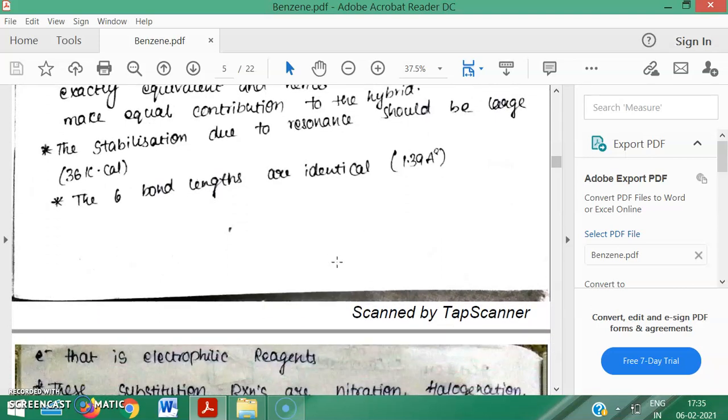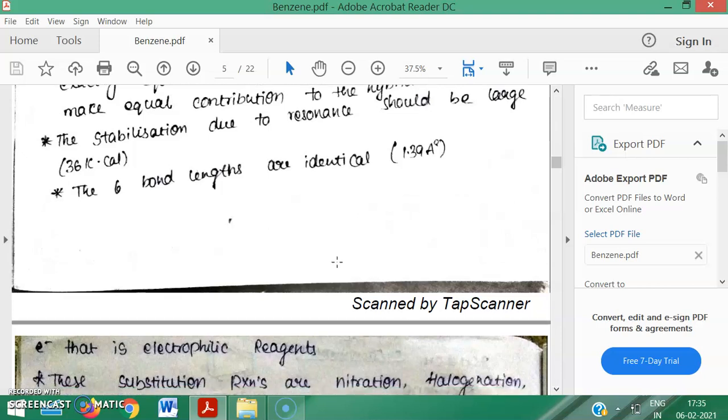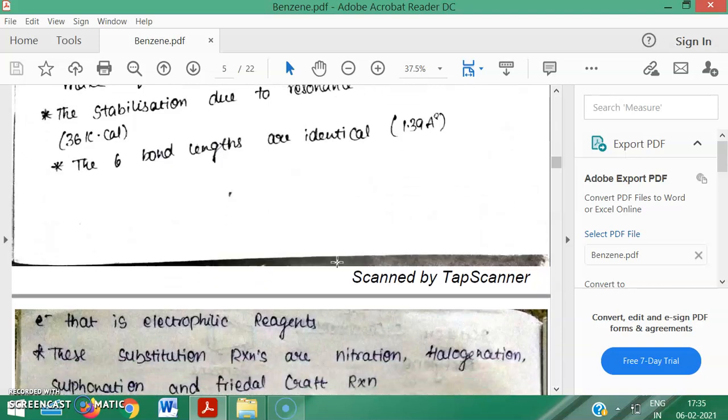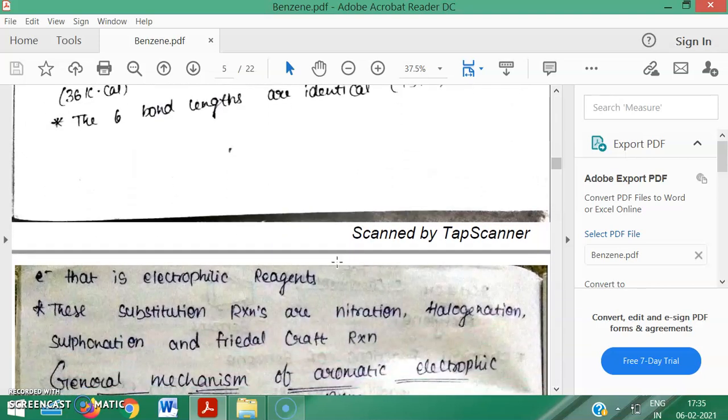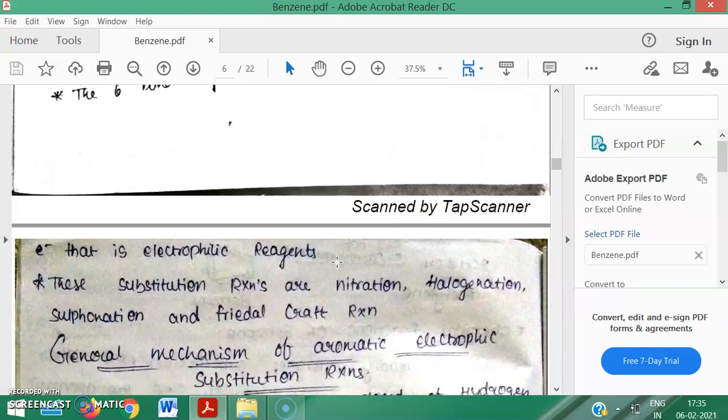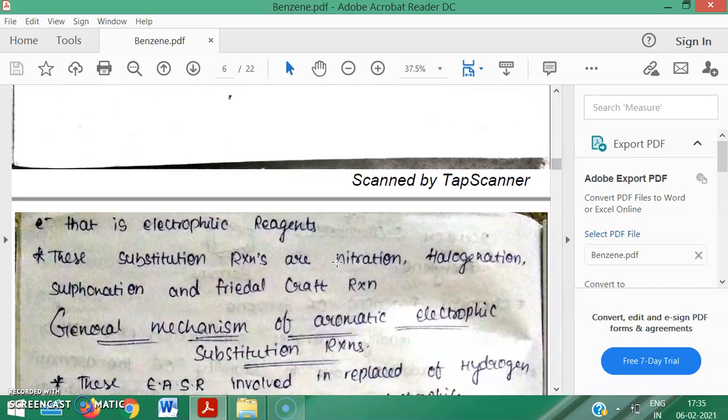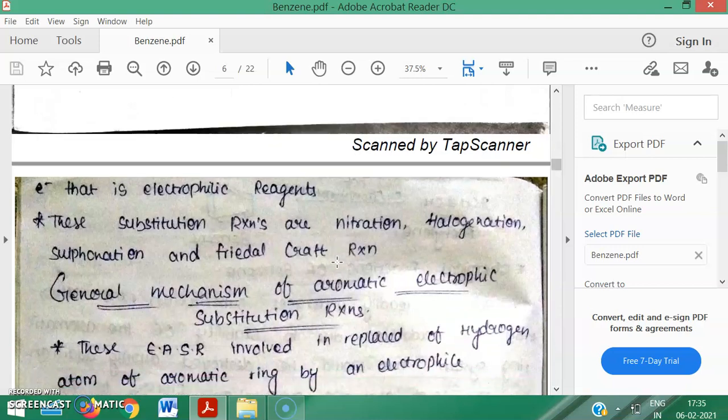So that's why benzene doesn't have a true double bond, and it doesn't decolorize KMnO4 and bromine. All the bonds between the carbons show only 1.39 angstroms of bond length. The substitution reactions it mainly undergoes are nitration, halogenation, sulfonation and Friedel-Crafts reaction. This can be discussed in the next class.